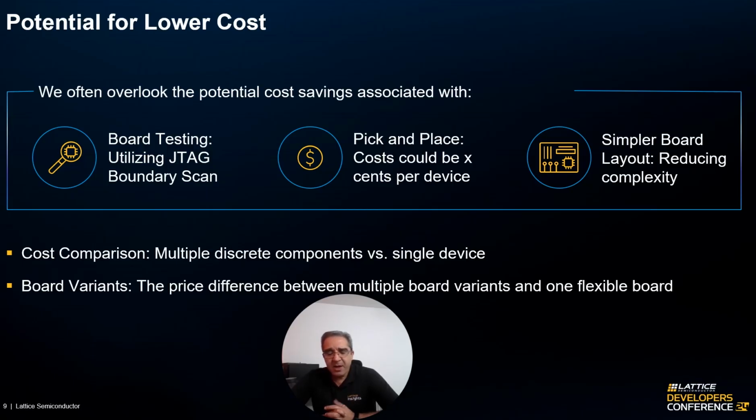You can have one PCB that integrates an FPGA, and that allows you to save the cost of PCB variants. All these factors added together have a big potential of giving a lower cost option with FPGAs, plus all the features that we've seen in the previous slide in terms of flexibility, upgradability, and all that.